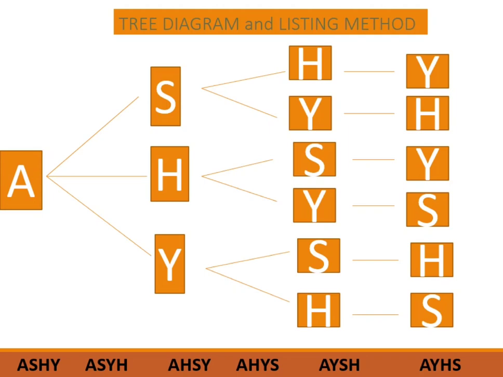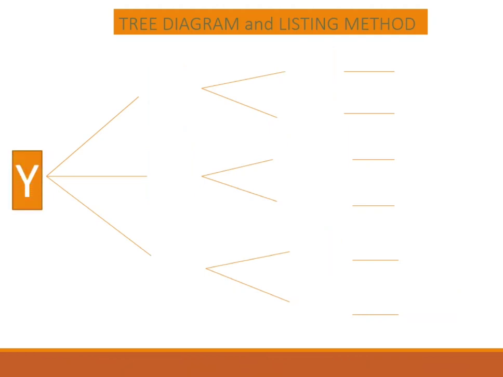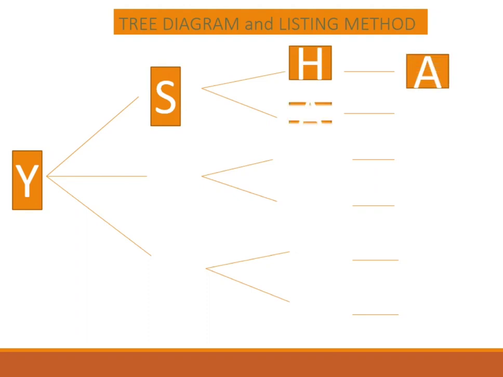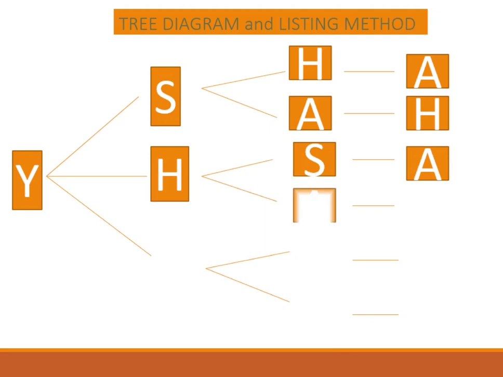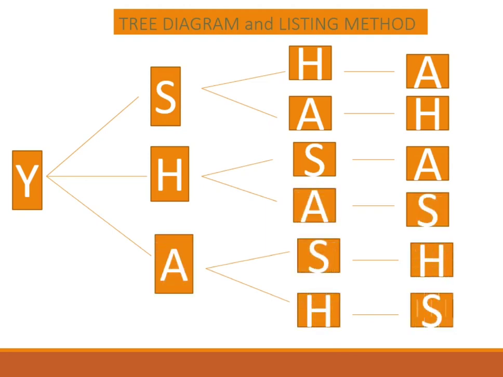At kung gagamitin naman ang huling letra ng kanyang nickname, ito ang mga passwords na pwedeng magawa: Y-S-H-A, Y-S-A-H, Y-H-S-A, Y-H-A-S, Y-A-S-H, Y-A-H-S. Kung ating babalikan, sa bawat letra ay may tig-6 na passwords na nagawa, ibig sabihin mayroong 24 na passwords na nabuo gamit ang 4 na letra ng kanyang pangalan.